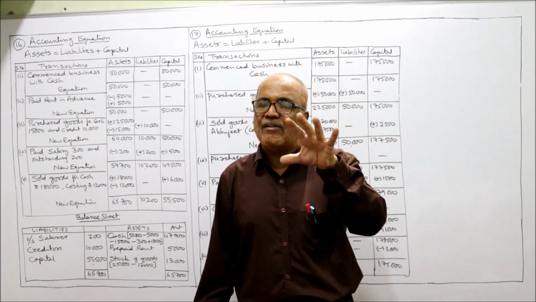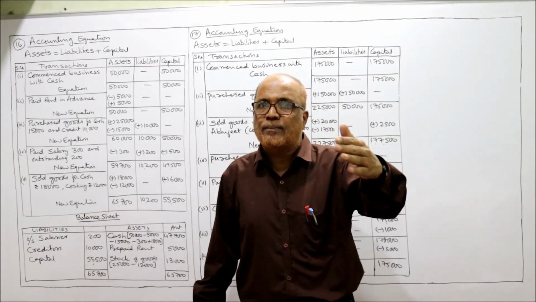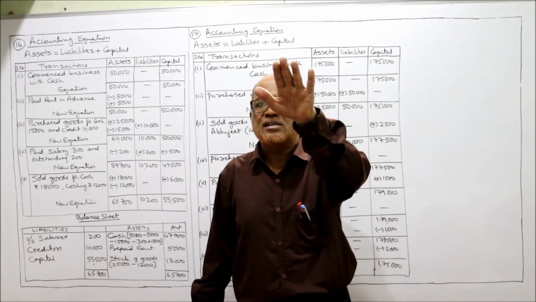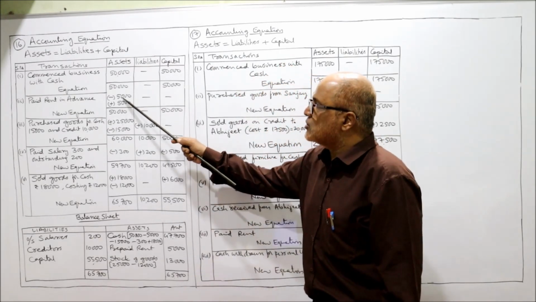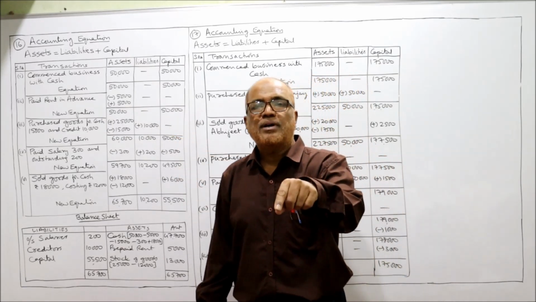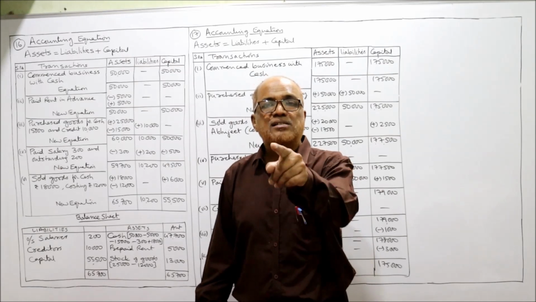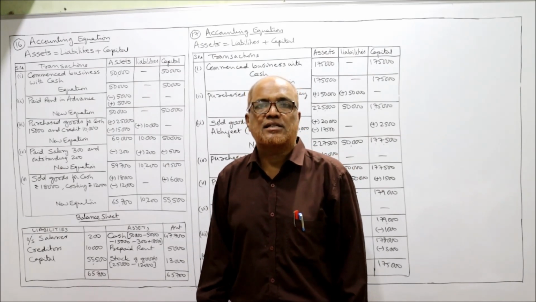Concentrate on this point. What is the effect of advance rent paid? When rent is paid, cash is going out. When cash is going out, our assets are decreasing. So minus 5,000. Apart from that, advance rent paid is an asset. Prepaid rent is an asset.